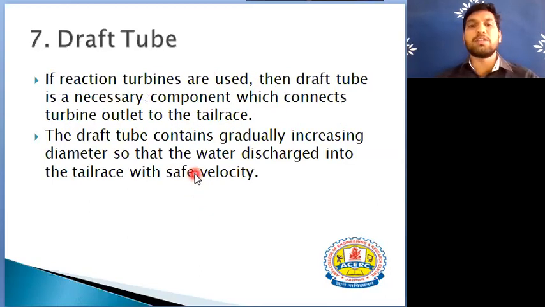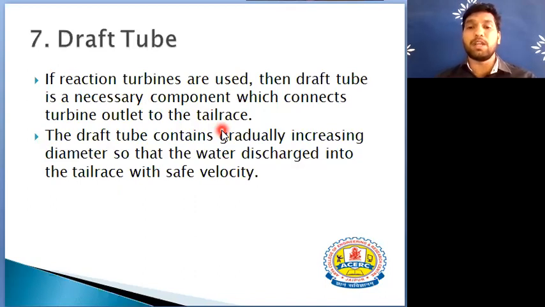Now the next is the draft tube. As we all know, if you are using the impulse turbine, then there is no need to provide a draft tube. The draft tube is a device whose diameter enlarges from a low diameter to a high, or large, diameter. But if you are using the reaction turbine, then the draft tube is a necessary component which connects the turbine outlet to the tail race. When the water comes out from the turbine, it is diverted to the tail race with the help of the draft tube.